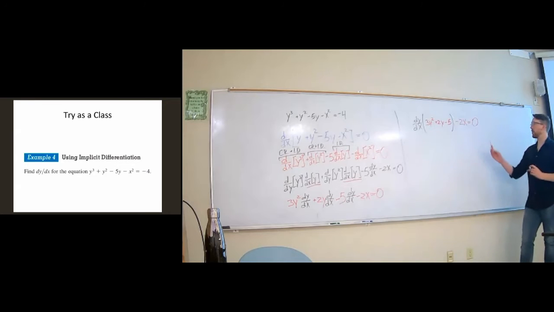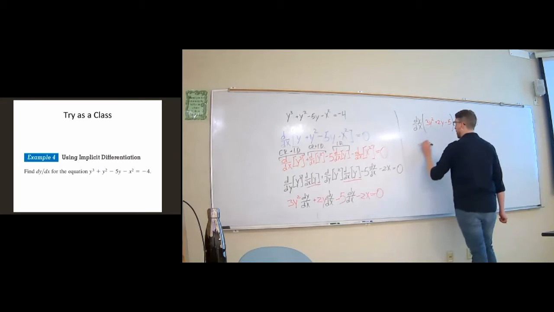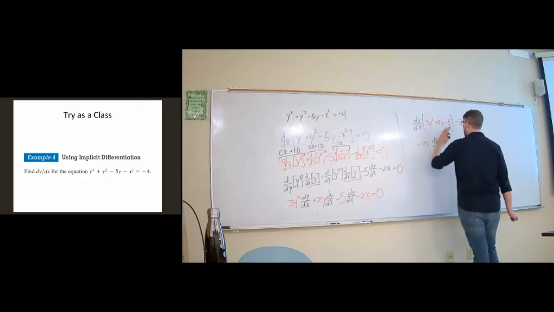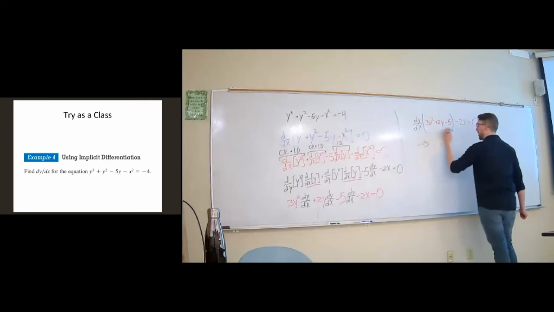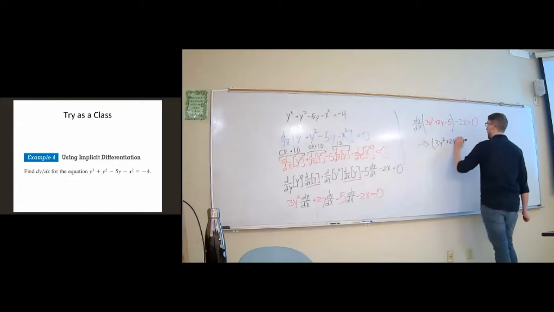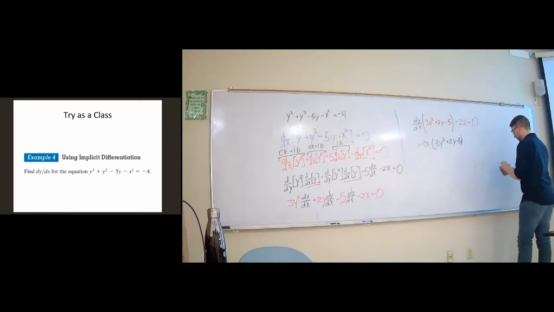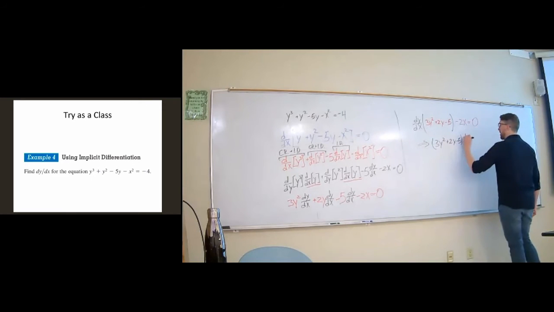Well, we can add 2x to both sides. So dy/dx times, let me actually write this slightly different, the polynomial 3y squared plus 2y minus 5 times dy/dx is equal to 2x.